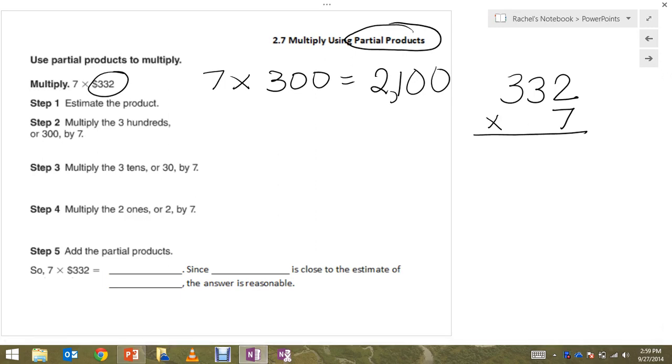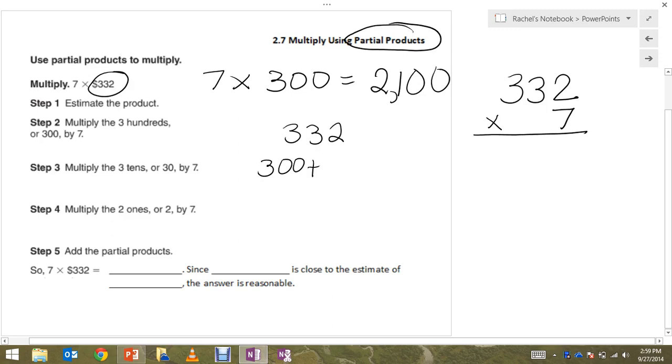So students are now going to be looking at this multiplication problem, also using expanded form, but recording the partial products underneath this problem. So when we were doing this problem, we were thinking of 332 as 300 plus 30 plus 2 in expanded form.